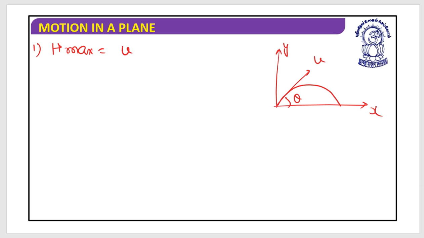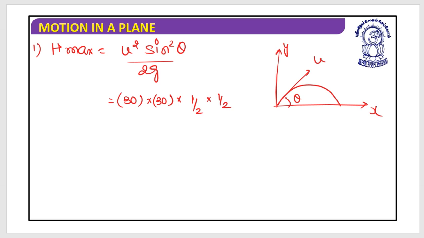H max can be written as U square sine square theta divided by 2g. So my initial velocity was 30, so it's 30 multiplied by 30 multiplied by sine square theta, it's sine 30. Sine 30 is half, so this is half multiplied by half divided by 2 into g. Let's take g as 10.